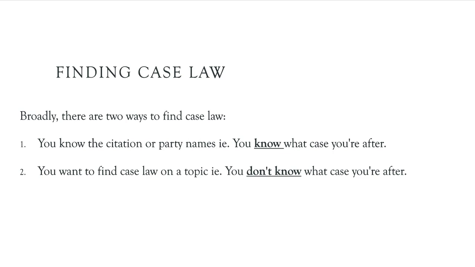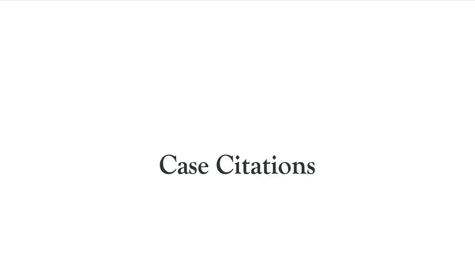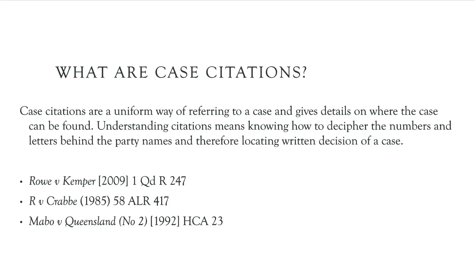If you know the citation or the party names, we're going to talk about how to locate those sources using JCU resources. So case citations. This is really important for you to understand the differences between different case citations and it helps you to locate these sources more readily if you understand what case citations are. So let's talk about it. They're a uniform way of referring to a case and they give details on where the case can be found.